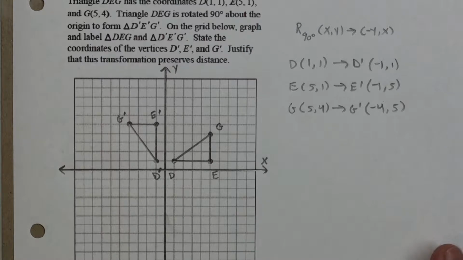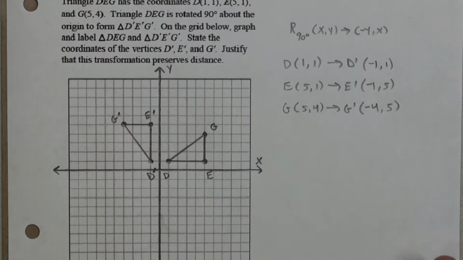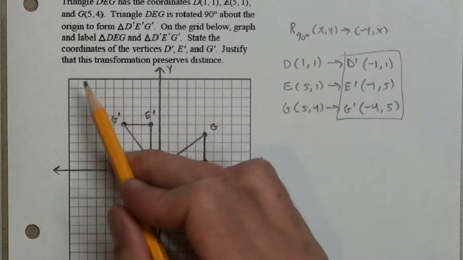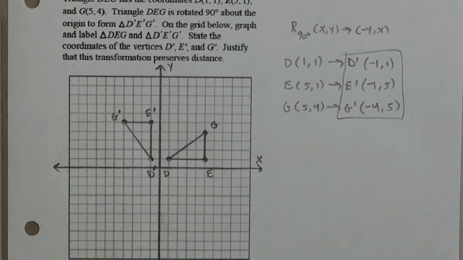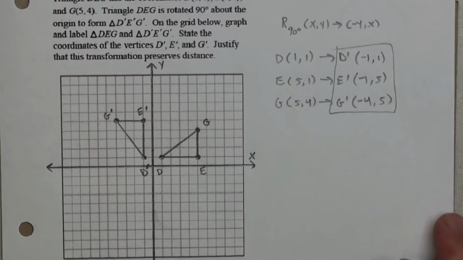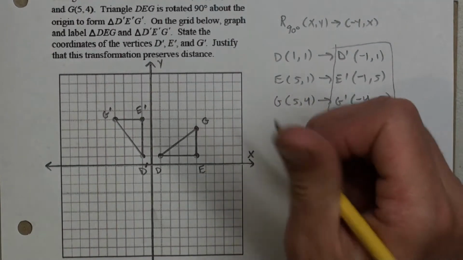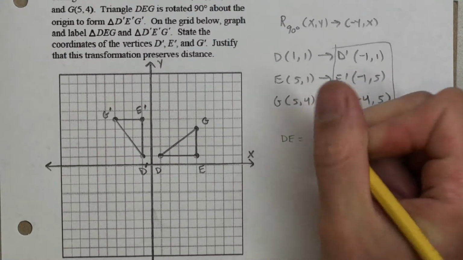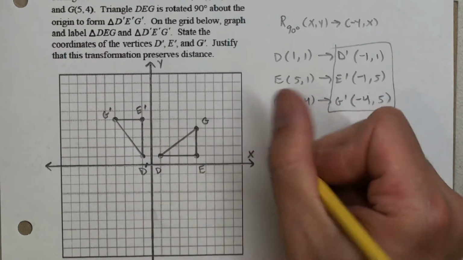State the coordinates of the vertices. Okay, so here they are. They're stated. Justify that the transformation preserves distance. So DE equals 1, 2, 3, 4.